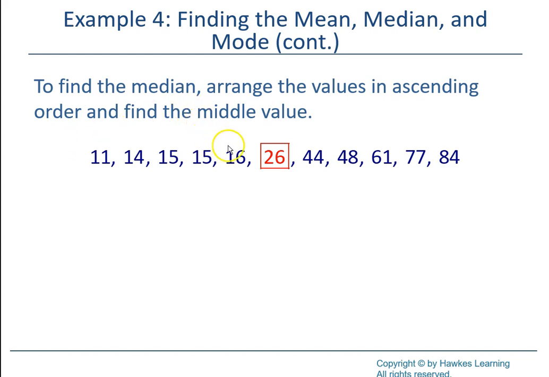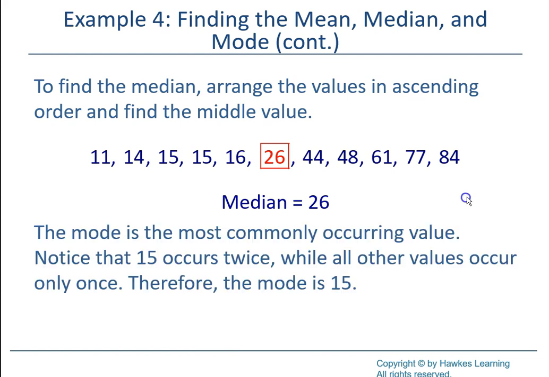So our median then is 26. We didn't have to divide it by 2 because it's an odd number. There are 5 on this side, 5 on that side. And I see the 15s look like they're repeated. So there's the median. And the one most often used is 15.